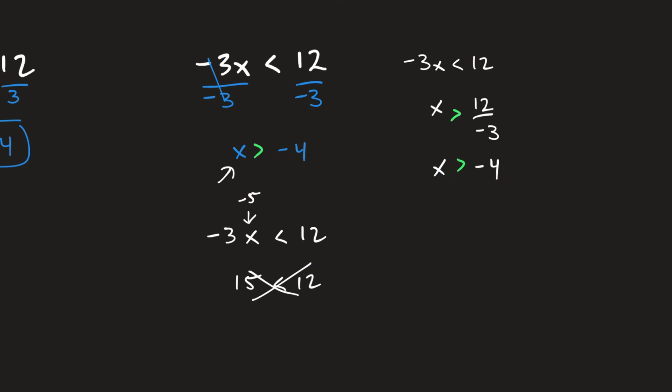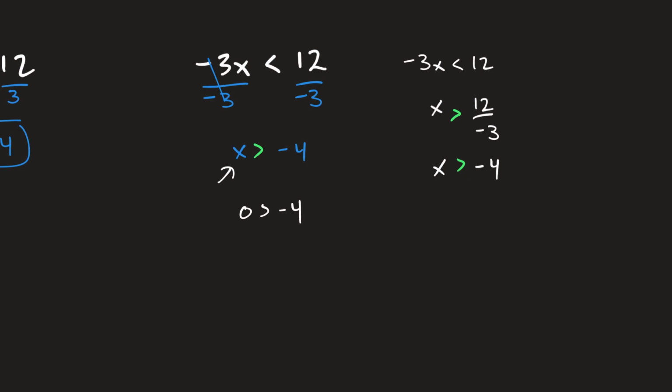Now, let's see how that changes things. I'm going to erase this here. And what we have is, well, what is a number greater than negative 4? Well, isn't 0 greater than negative 4? That's pretty easy. That's very nice.